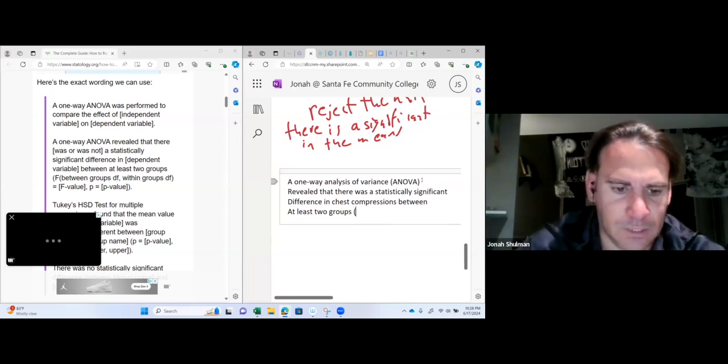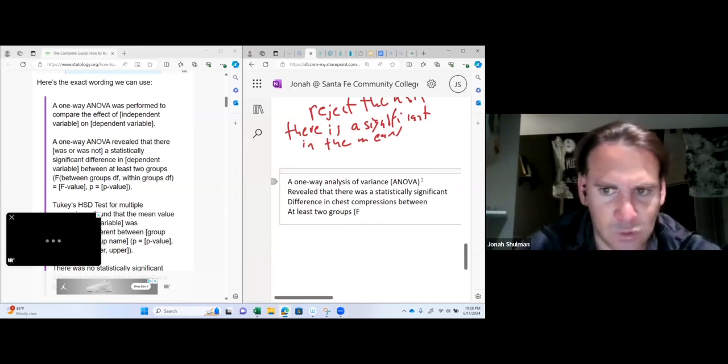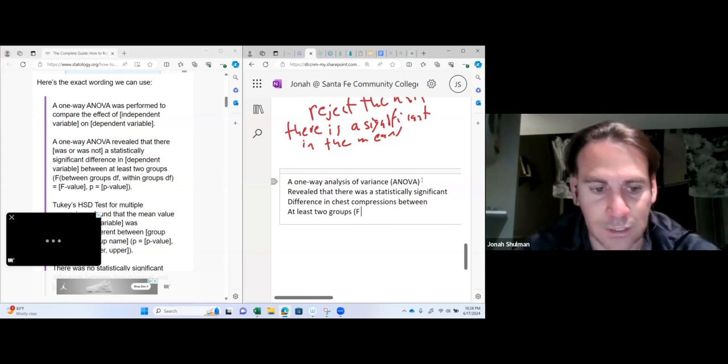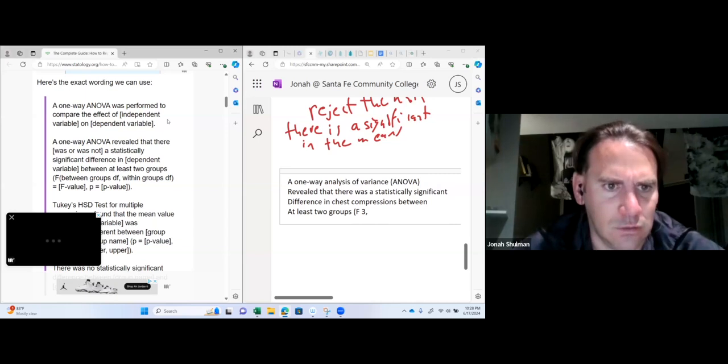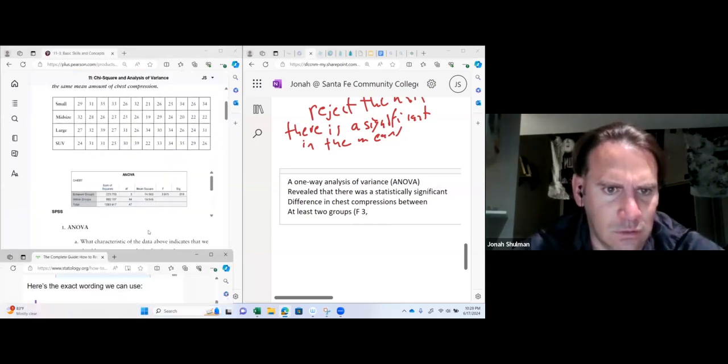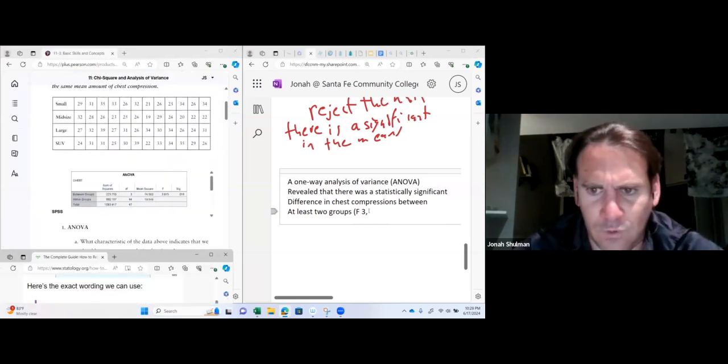All right, so we have to do F between comma within. Between is 4 minus 1, which is 3. What's the within? Within is 44.